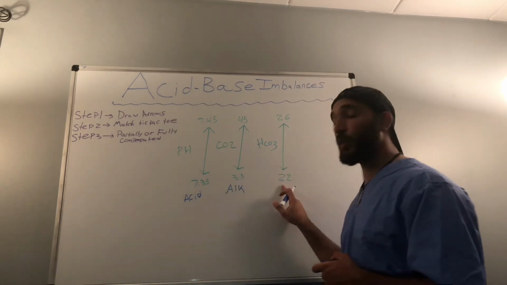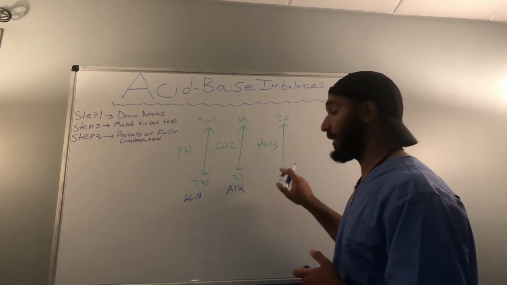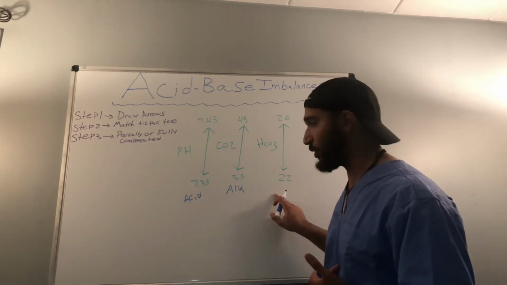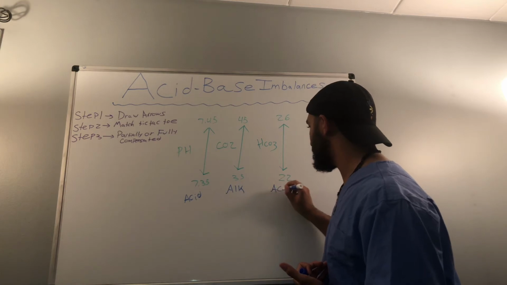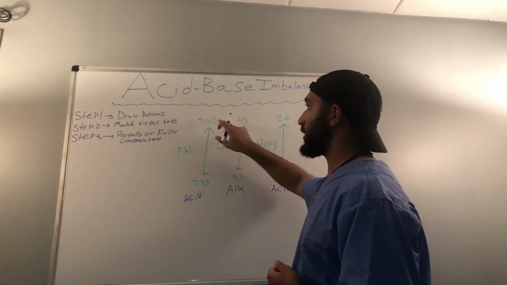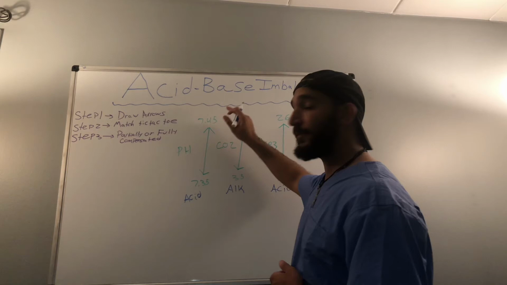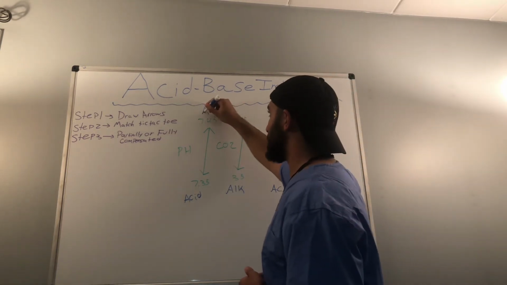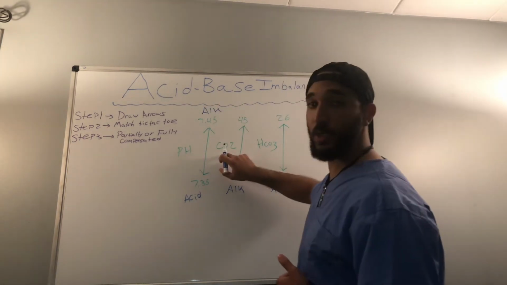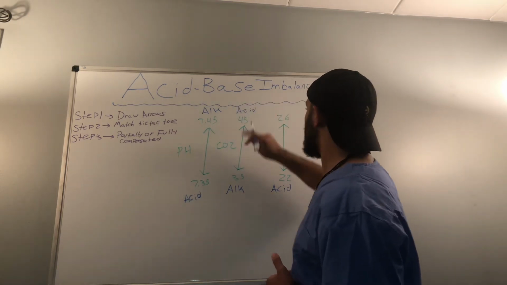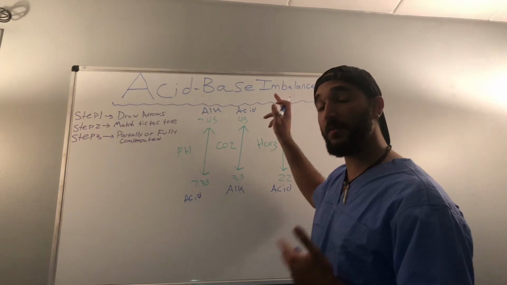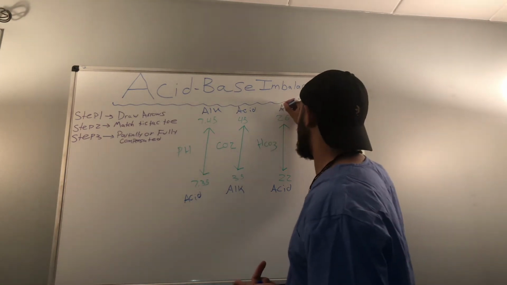A bicarb less than 22 is going to be acidotic. So we're going to write acid. A pH above 7.45 is going to be alkalotic. A CO2 above 45 is going to be acidic. And a bicarb above 26 is going to be alkalotic.